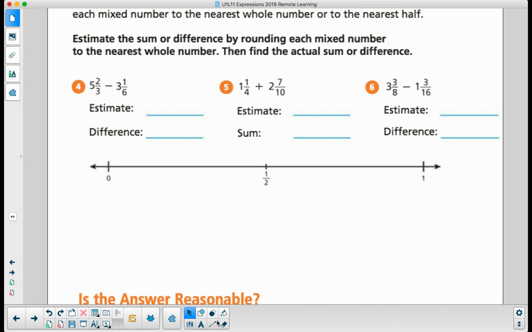2/3. I kind of like having an odd one to talk about. So 2/3. Half of 3, here's what I do. If you don't know what half of 3 is, think of what 3 is around. It's between 2 and 4. Half of 2 is 1. Half of 4 is 2. So what's in the middle of 1 and 2 is 1.5.